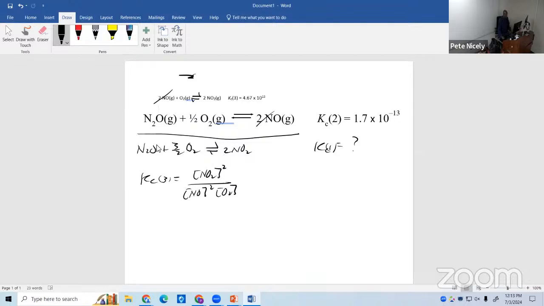And then KC2 is equal to the concentration of NO squared divided by the concentration of N2O times the concentration of O2 raised to the 3/2 power. So that's KC3, that's KC2, right?